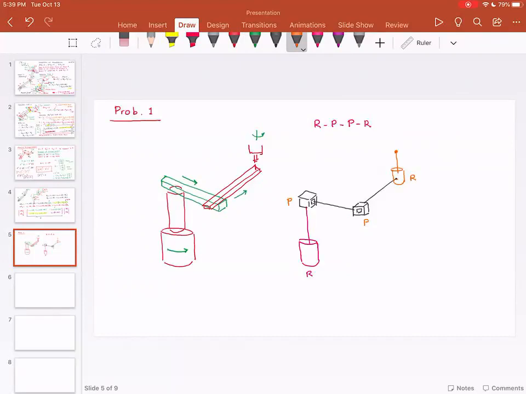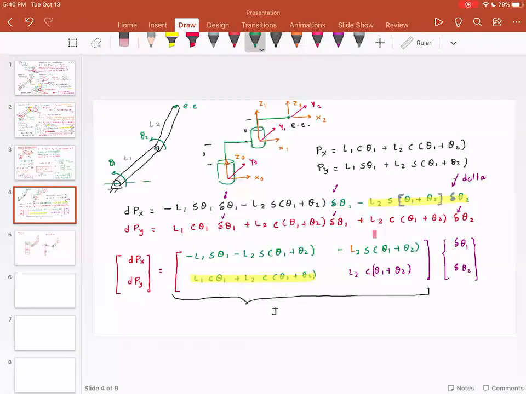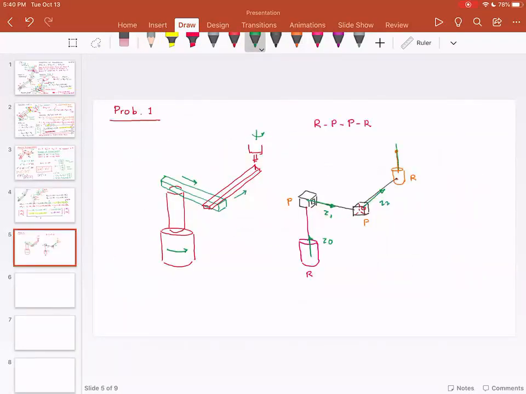You can add your z axis. So this is going to be your z0, this z1, this is going to be z2, and this will be z3, and then you will have a z4.